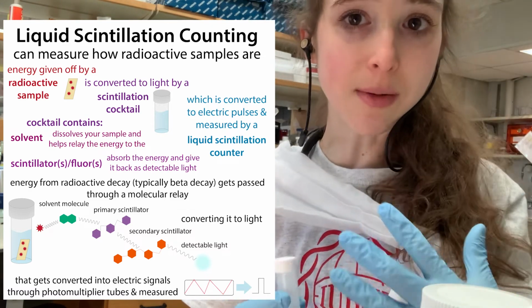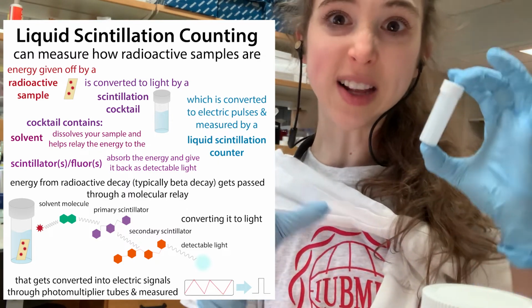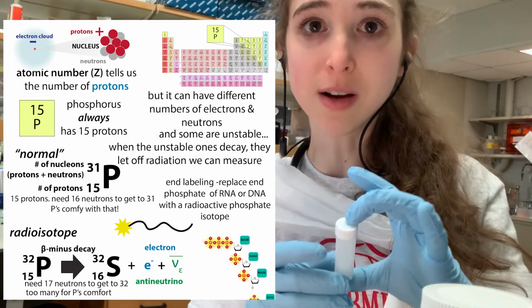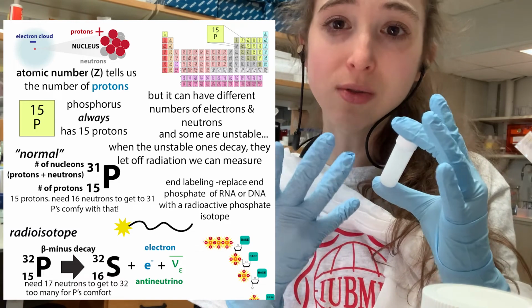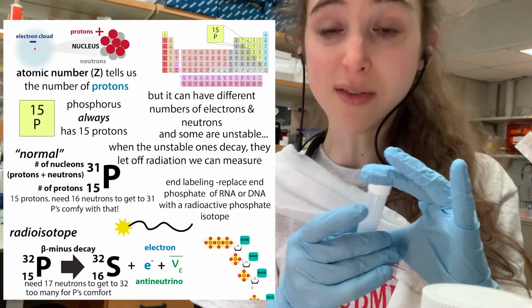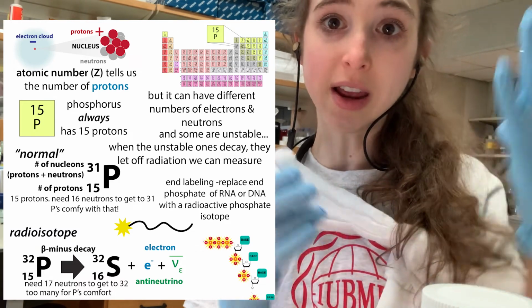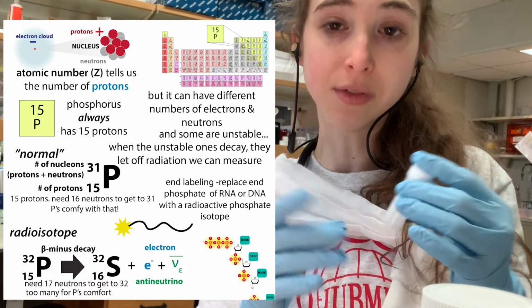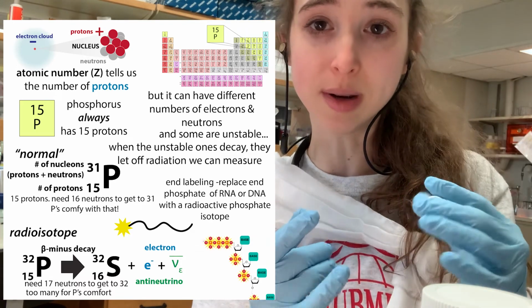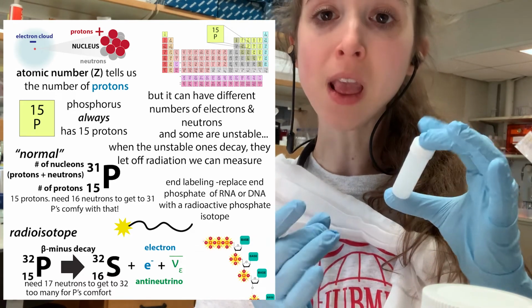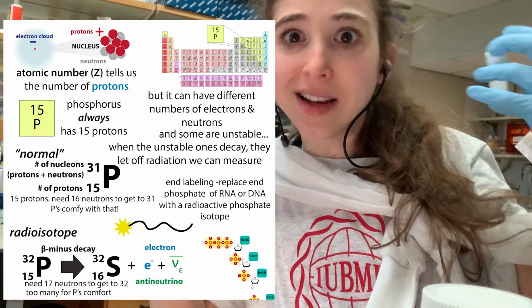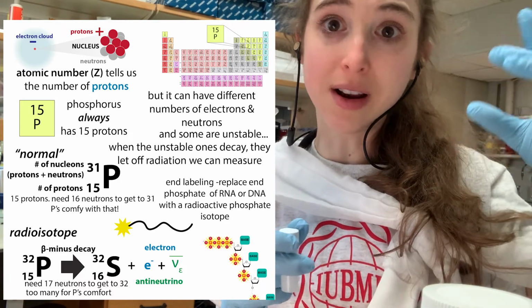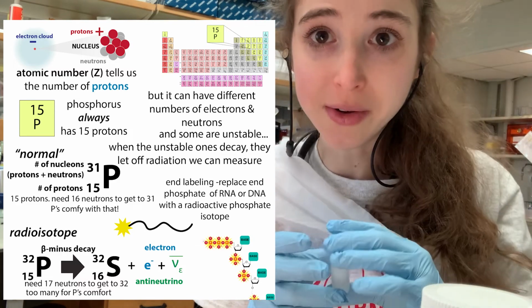And the really great thing about using radioisotopic labeling, which we'll talk about, is basically that when you use a radioactive version of an atom of an element, so like I use P32, radioactive phosphorus, you can also use radioactive carbon or radioactive hydrogen, it's going to act identically to the normal non-radioactive versions of it.